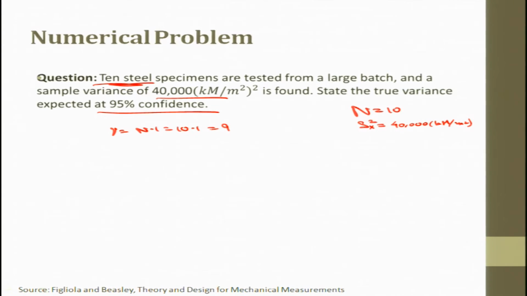And he has called it a 95% confidence interval. For a 95% confidence interval, I will take the value of alpha here as 5%, and alpha by 2 is 2.5%.